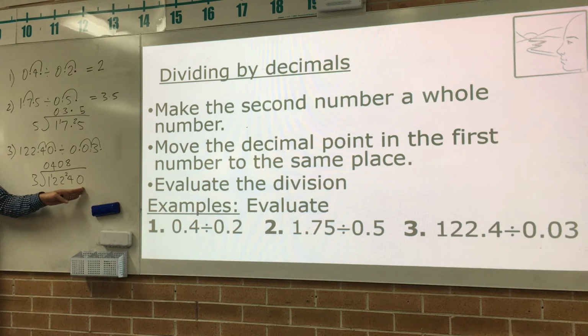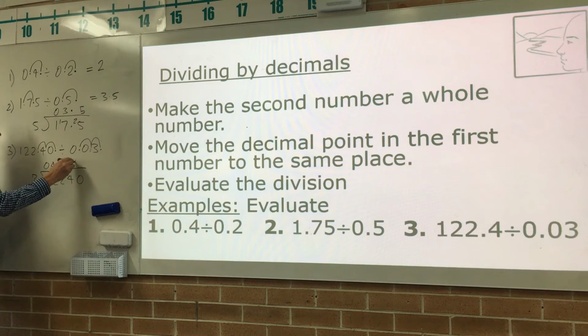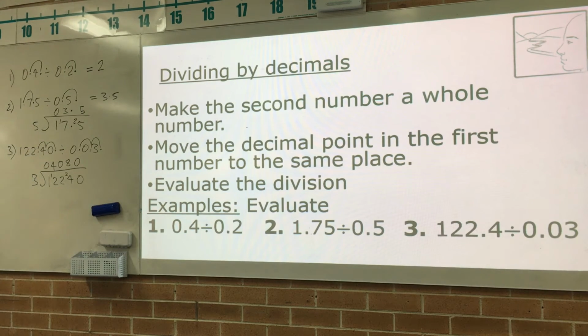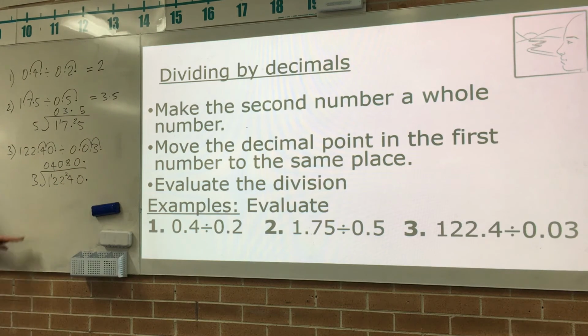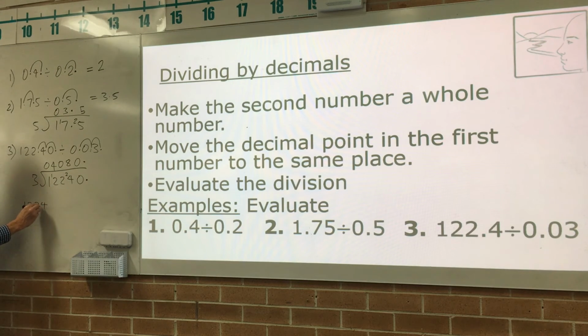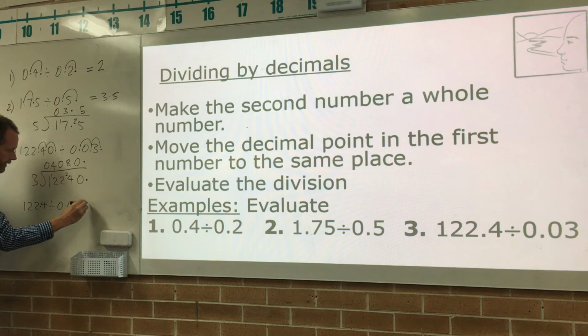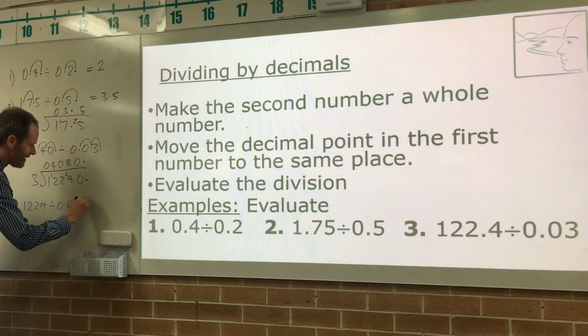Does 3 go into 0? No. Make sure you write that 0 because your decimal point is there. So the answer to our question of 122.4 divided by 0.03 is actually, and I want to write it down so you can see it, is equal to 4,080.